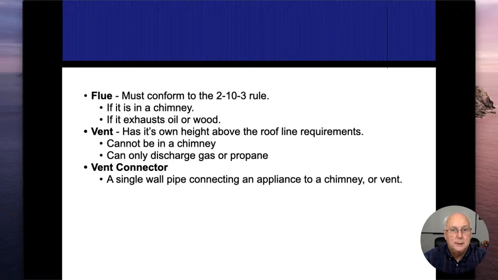I know you could find it in the IRC, under the mechanical code section where it talks about the height for venting gas appliances. And that all has to do with the slope of the roof. So the steeper the slope, the taller it needs to be. The lower the slope, the less it needs to be. But there is no 2-10-3 rule when it comes to that.